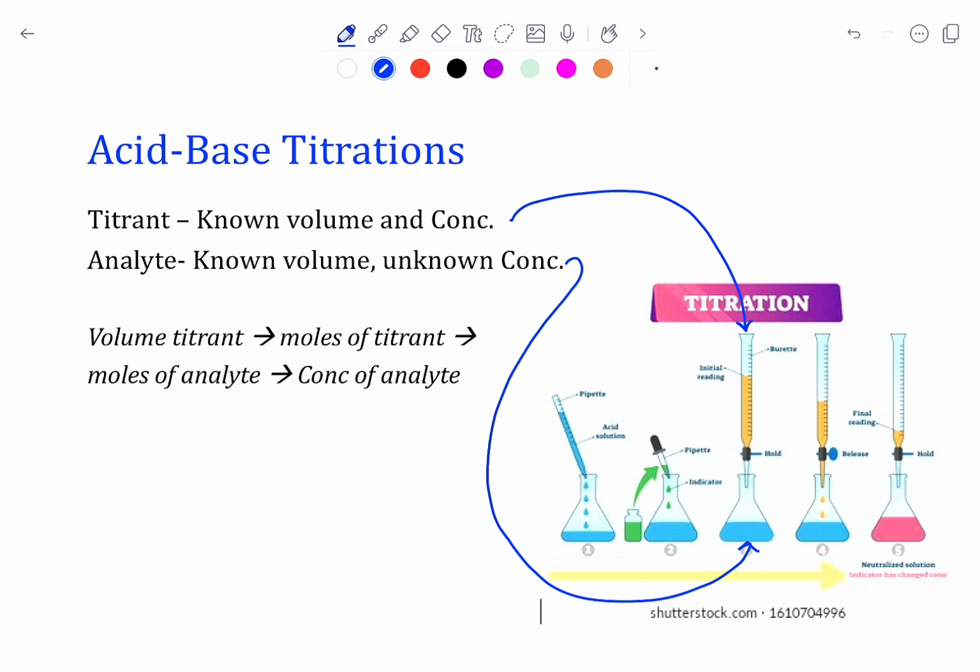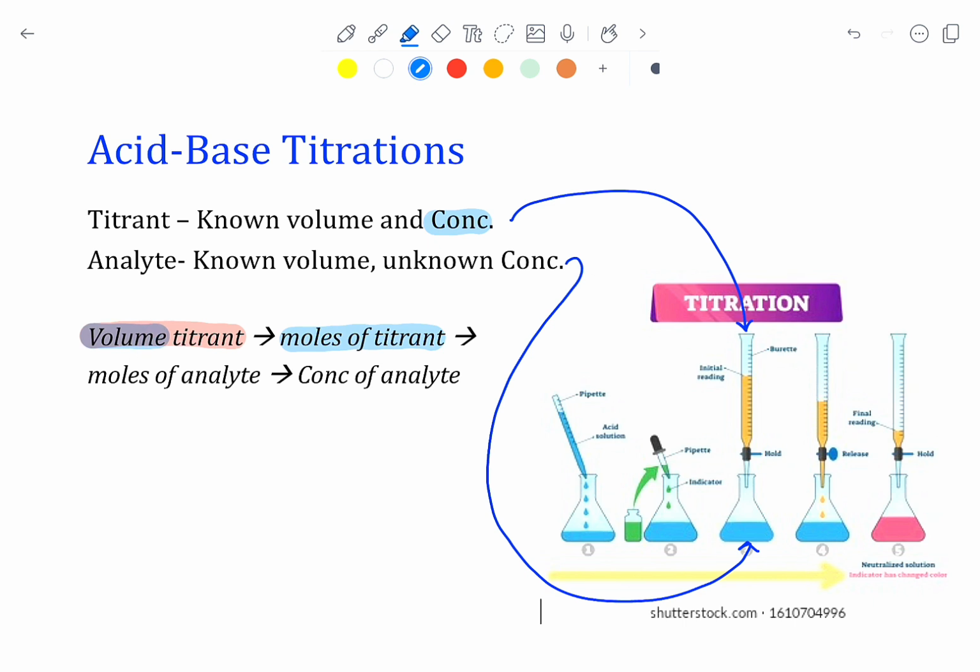When we've talked about acid-base titrations in the past, and when we do acid-base titrations in our labs, we always do the math to find the concentration of our analyte by taking first the volume of our titrant and using that to convert to moles of titrant. Because if we know its concentration and we know its volume, then we're able to find the moles.